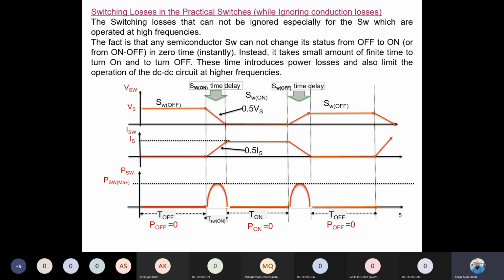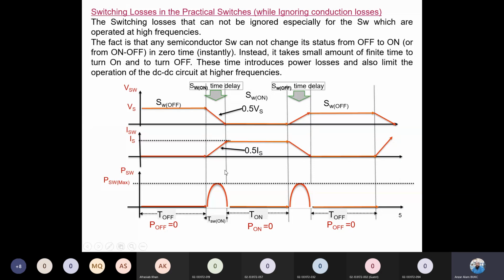Sir, this is the transition? Yes sir, this is the transition time. Sir, will this be linear? For the sake of simplicity, it is linear, yes.